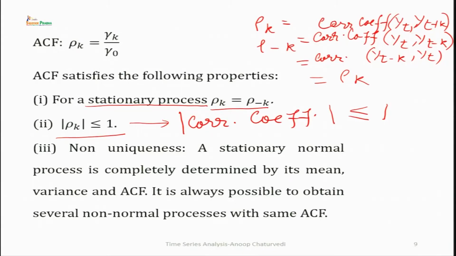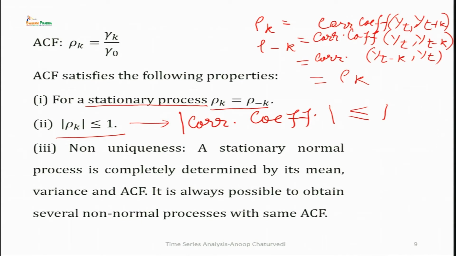Similarly, here also, if the mean of the process is fixed, if the variance of the process is fixed, and if the ACF, autocorrelation function, of the process is fixed and known, then these three quantities completely determine a stationary normal process.